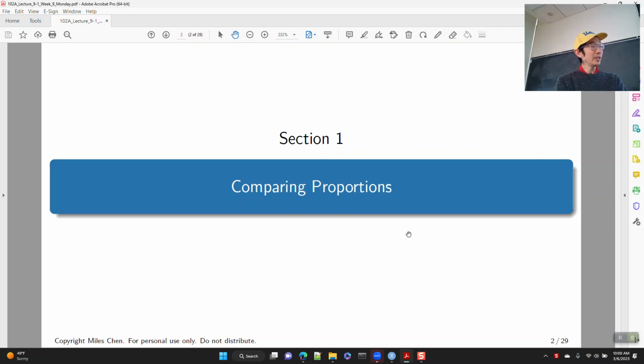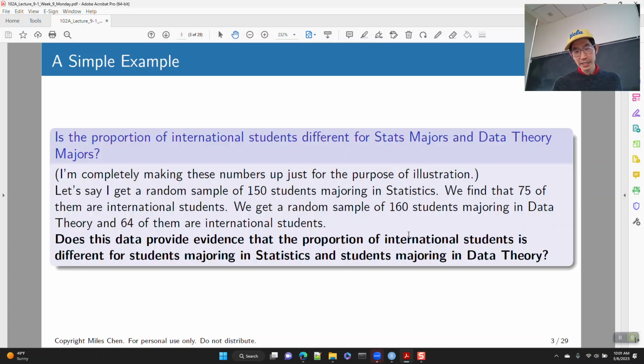On Friday we did a review of intro stats. And I guess this first part is still a review of intro stats, but we're going to start off doing a classical hypothesis test where we compare proportions. There are a few ways to compare proportions.